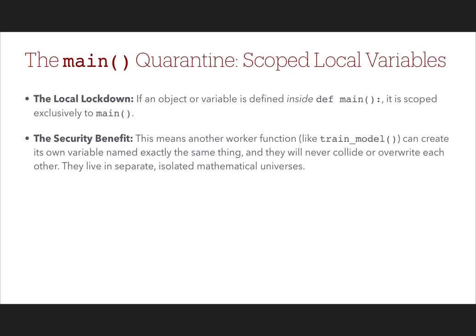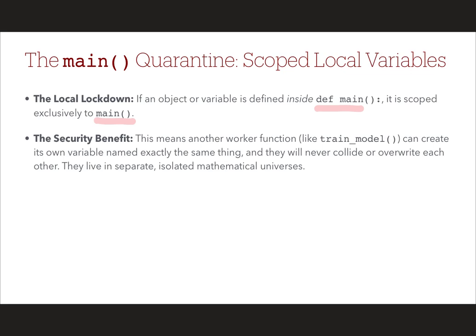If some variable is defined inside, for example, the main function, the scope of the variable is only the main function. If you have another function, say the train model function, and you try to use the variable defined in the main function within this train model, then we have a problem, and vice versa.